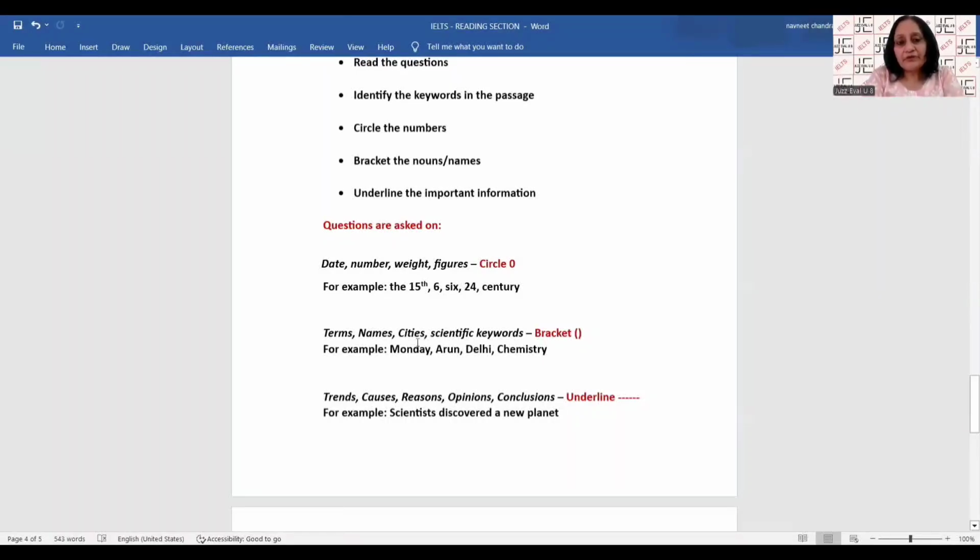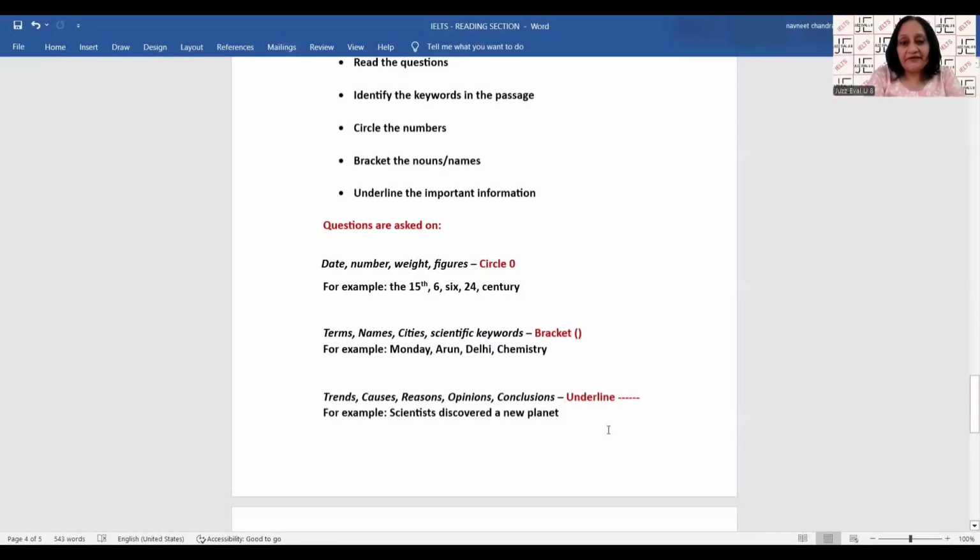So you know that, okay, this is a number, this is a name. And then some trends, causes, reasons, some important stuff that can be underlined. Like, for example, scientists discovered a new planet. So that's important information, just highlight it by underlining it. Okay, so hope you've understood. Annotation: circle the numbers, bracket the names, and underline the key information.